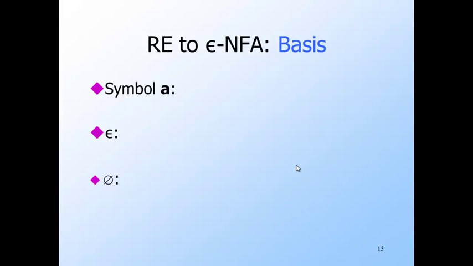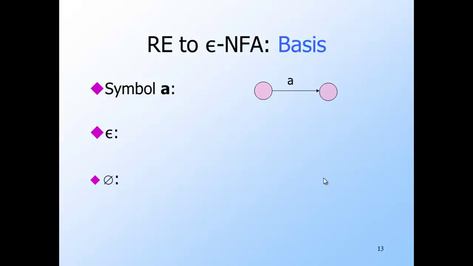And here are the basis cases, the expressions with 0 operators. A regular expression without operators has to be one of the basis cases from the definition of regular expressions. If the expression is a symbol A, then the epsilon NFA we need consists of only a start and a final state with an arc labeled A from start to final.